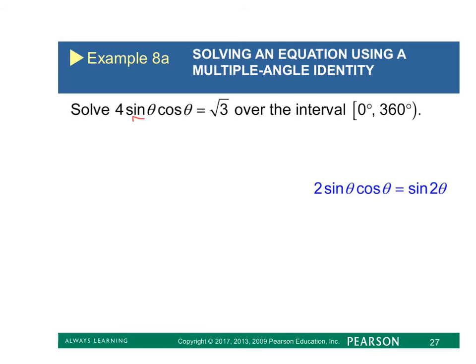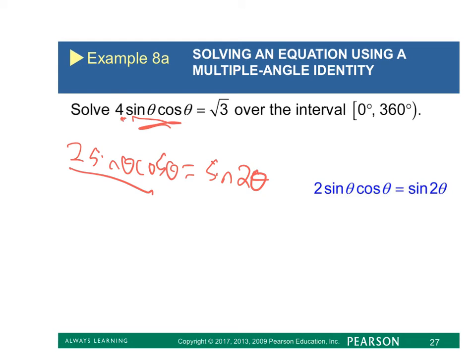4 sine, oh, I saw that before. Remember, 2 sine of theta cosine theta is the double angle of sine. I remember that. So take out a 2 to make that a 2 times 2 sine theta cosine theta.